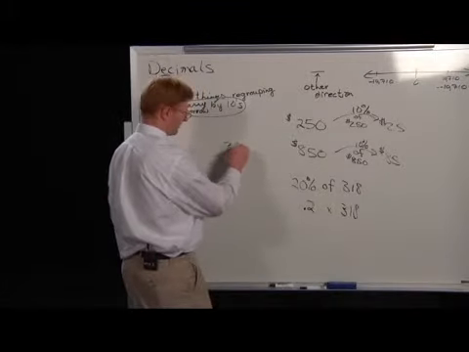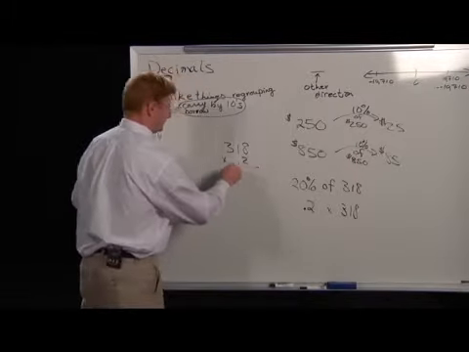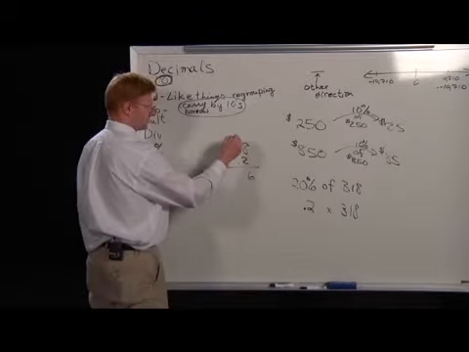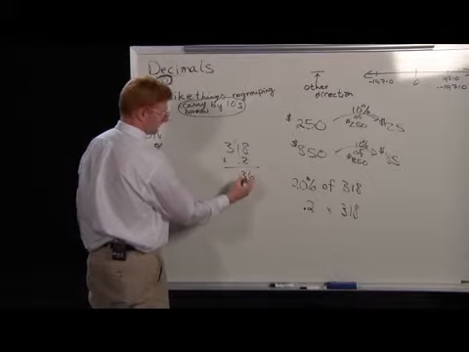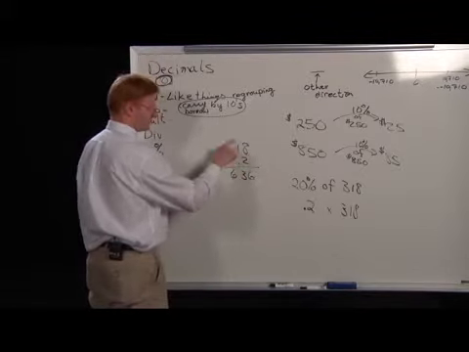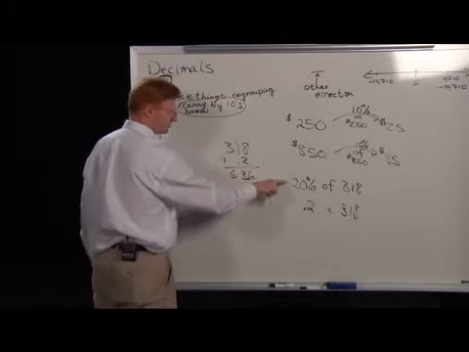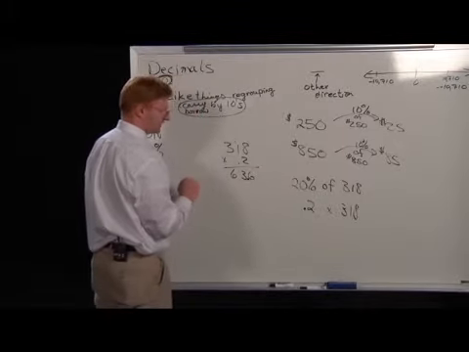Let's do it up here. 318 times 0.2. 2 times 8 is 16. 6, carry the 1. 2 times 1 is 2. Plus the 1 is 3. 2 times 3 is 6. We have 1 decimal place. So 20% of 318 is 63.6.